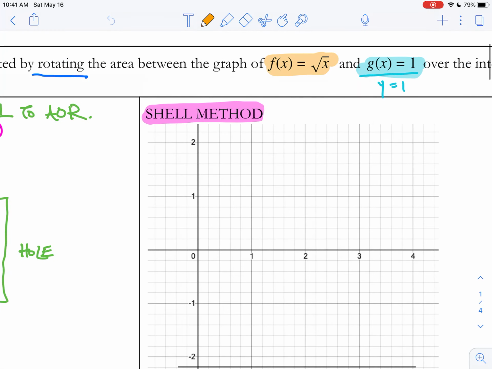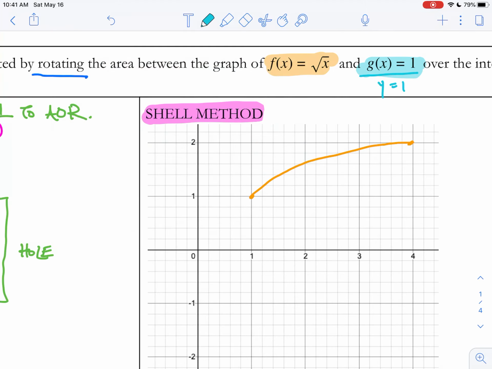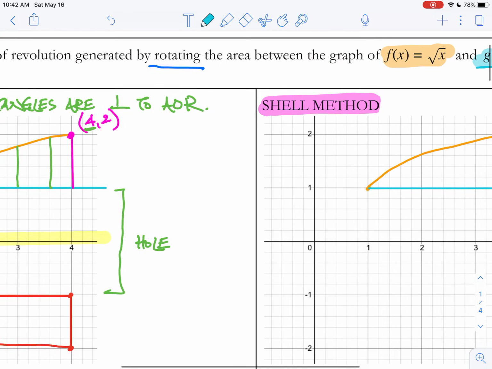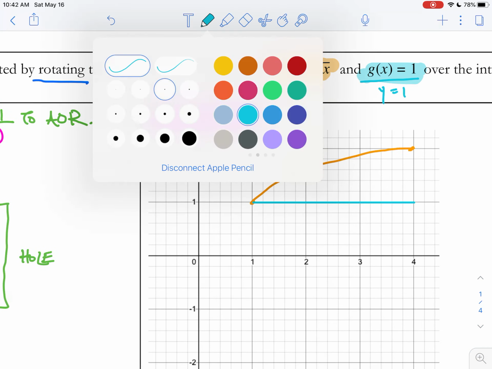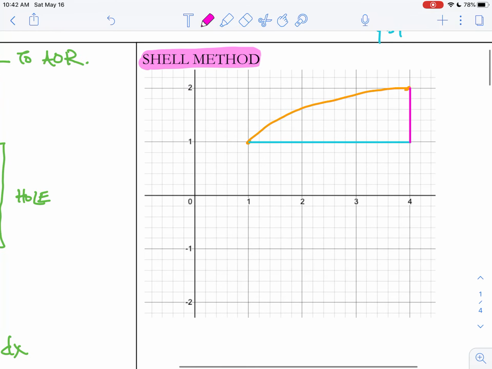So my orange curve, my blue curve, and I sealed it off with the pink line. All right. Okay, so that's my region.